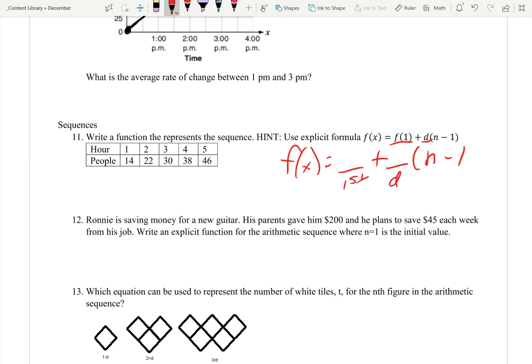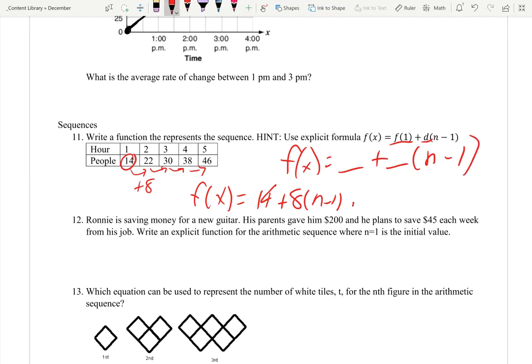So if you look at this table, right, we can see that the first term is 14, and then our common difference from number to number is plus 8. So that's all we need to make our equation. Our equation would be f of x equals 14 plus 8 times n minus 1. That's our answer, okay? We're following that function. Now, you're going to have to remember that function, okay?